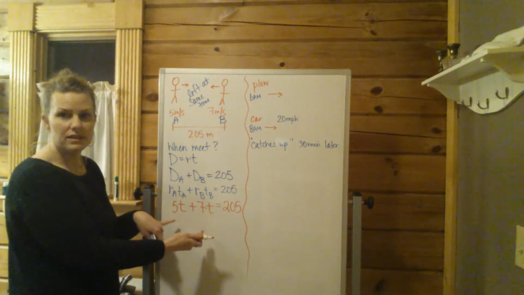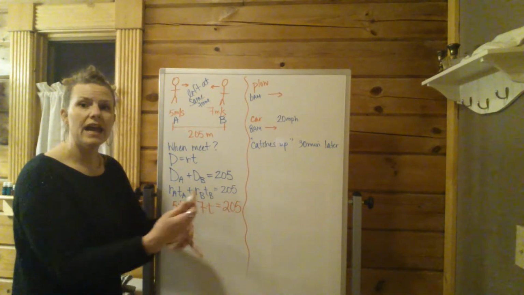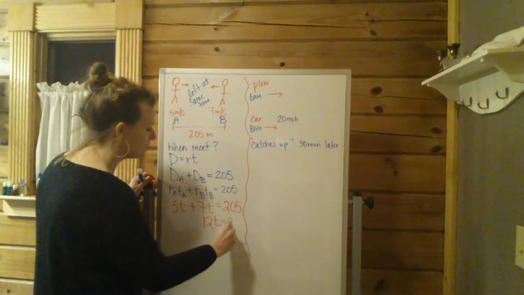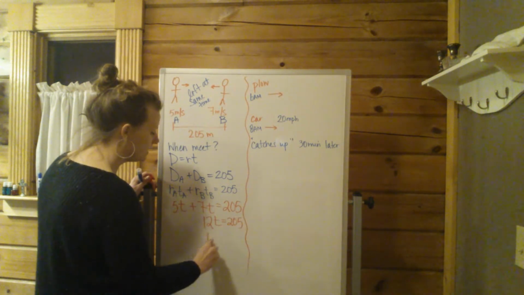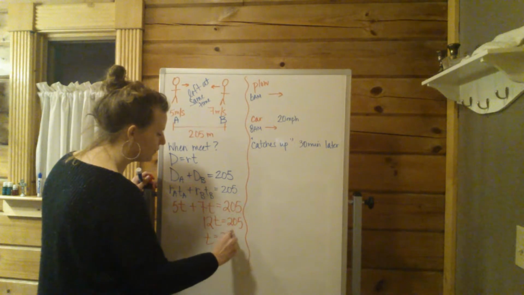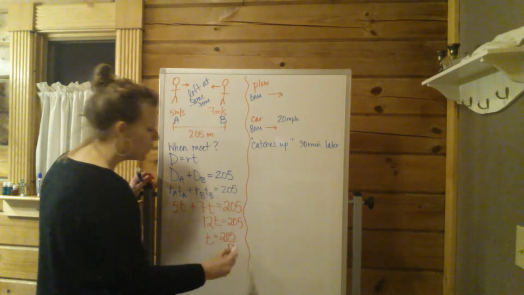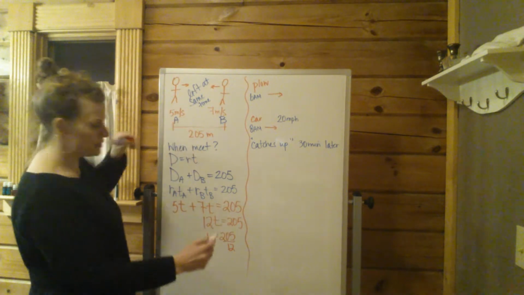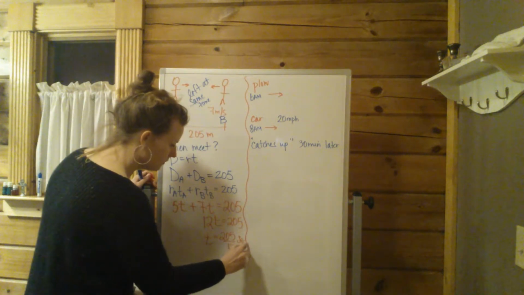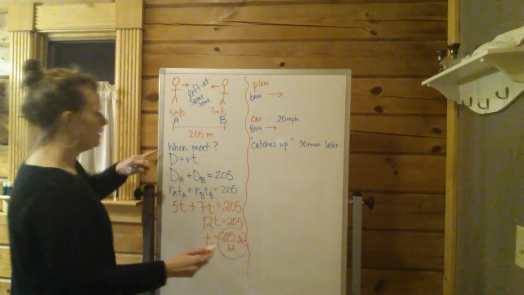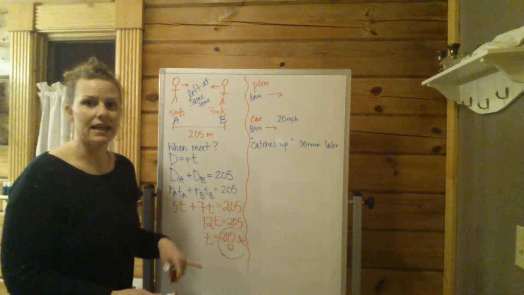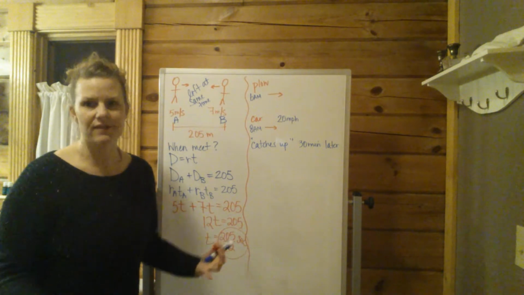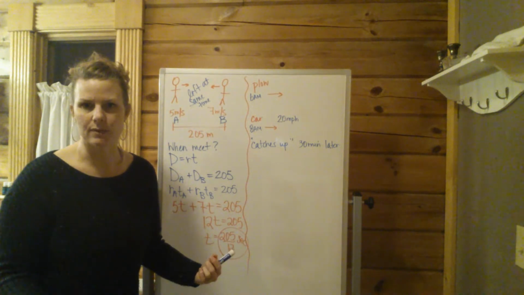So now you have a pretty simple equation that you can solve and find T. So 12T equals 205. T is going to equal 205 over 12, whatever that is, in seconds, because we're in meters per second. So that's going to be your answer. If they ask when do they meet, the answer is after 205 over 12 seconds, whatever that decimal is, if you want to change it to a decimal, okay?